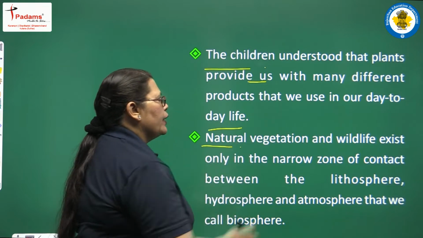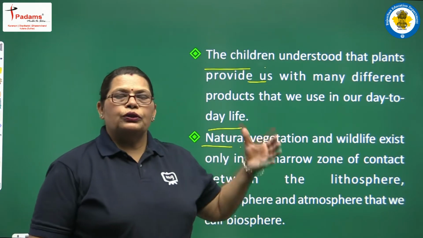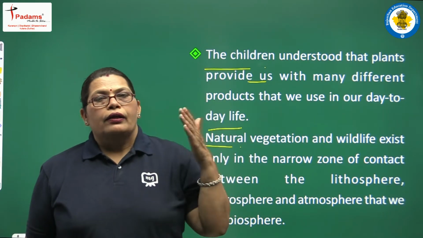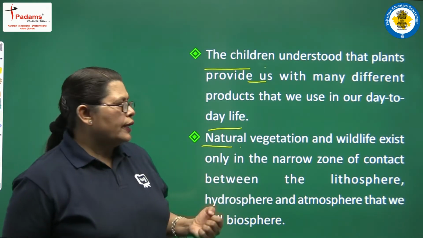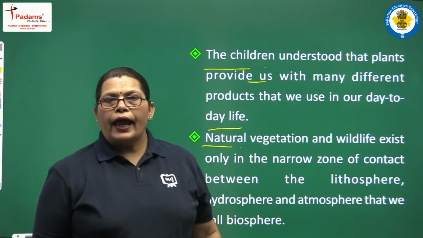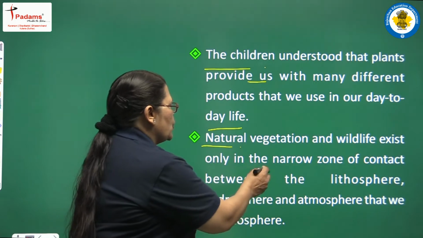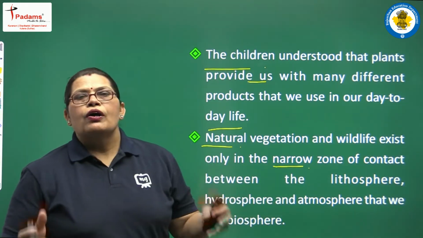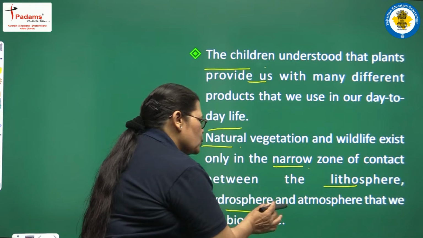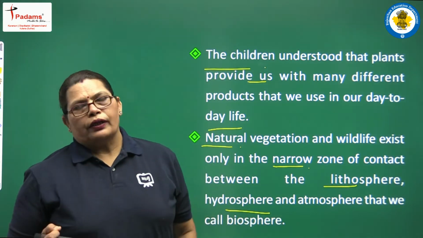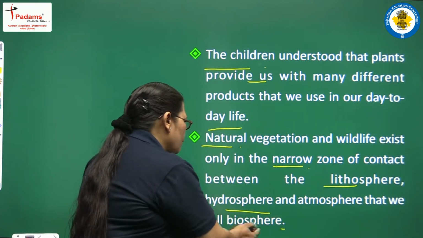See, when we are talking about natural vegetation, this one is a great example, but we have another resource also, wildlife resource. See here, natural vegetation and wildlife exist only in the narrow zone of contact between the lithosphere, hydrosphere and atmosphere that we call the biosphere.